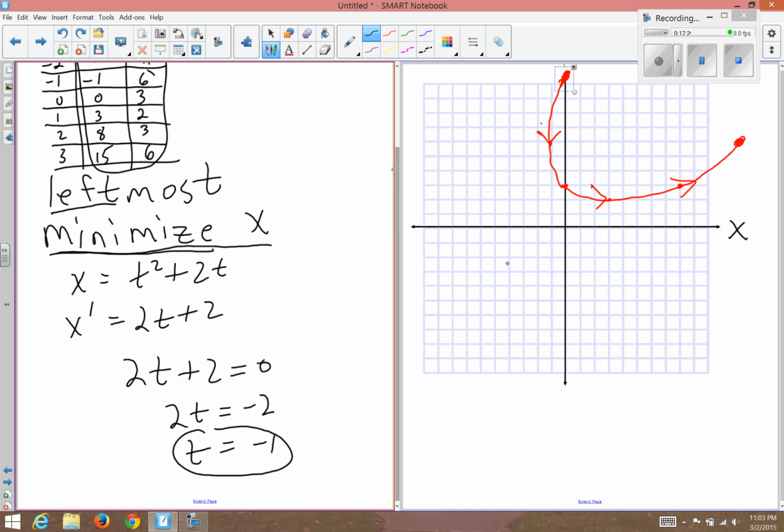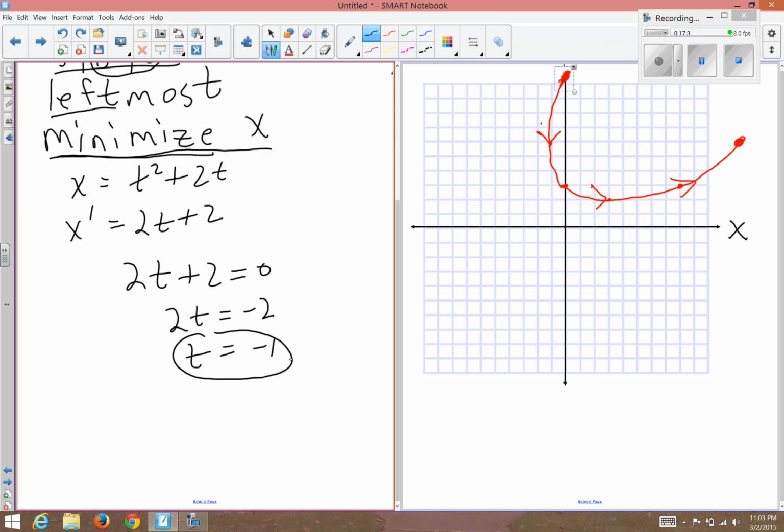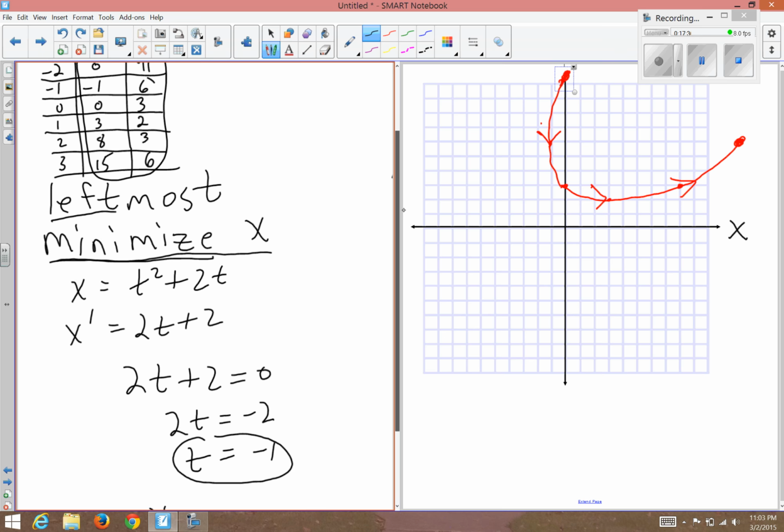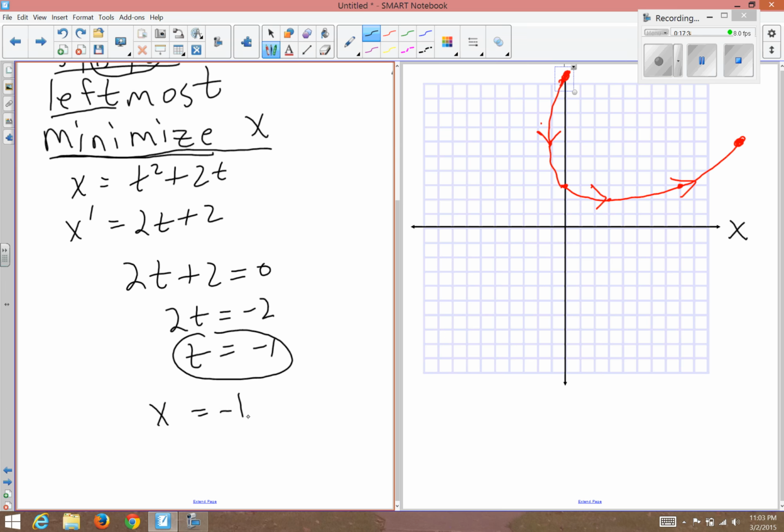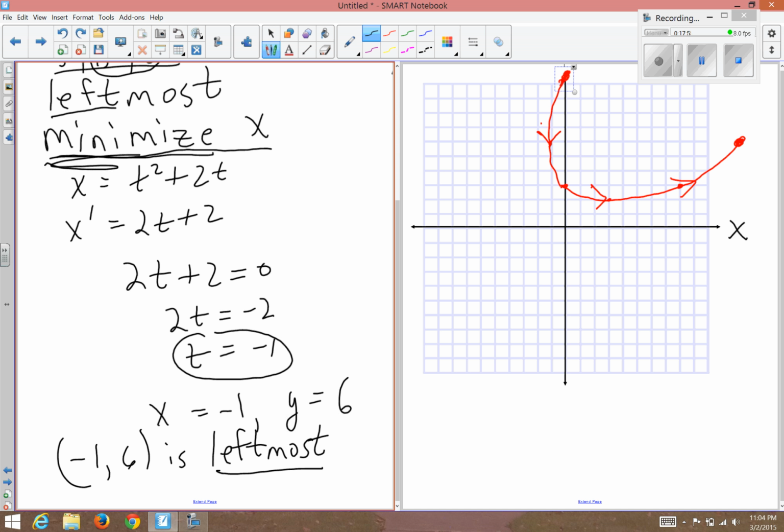And that is the leftmost point. When t is negative 1, x happens to also be negative 1. And y happens to be 6. So negative 1, 6 is the leftmost point. In other words, it's the point that has the smallest x coordinate in this red curve.